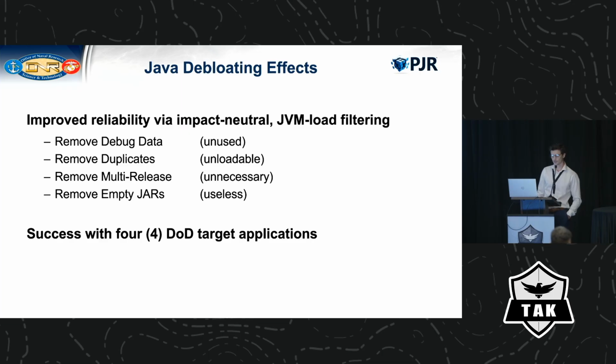So for example, if you have a class file that's compiled with 8, 11, and 21, and the runtime environment is using 21, the JVM will automatically select version 21 to use within the application, and therefore versions 8 and 11 are just sitting there unused and unreachable. And so that is something that we take into consideration when deciding what to remove.